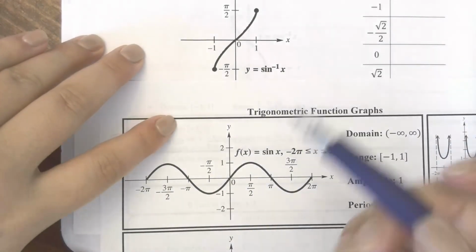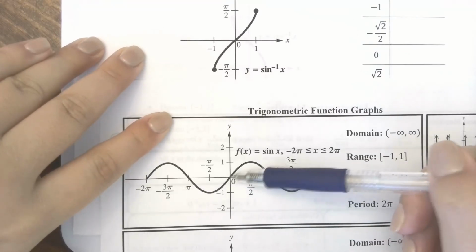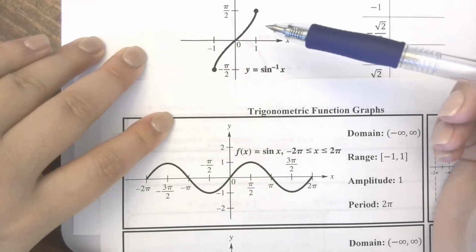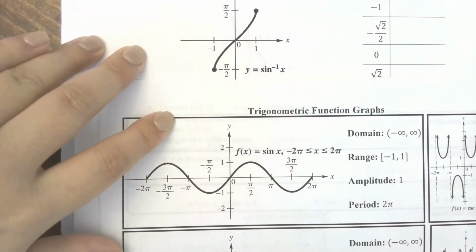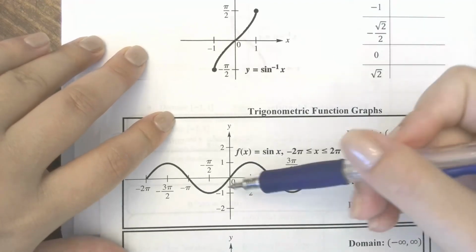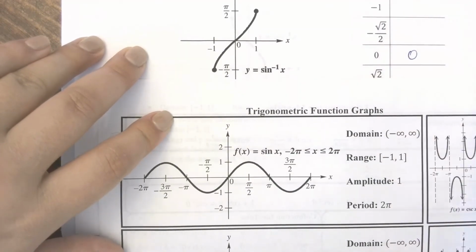So here, sine at 0 is 0, so that means here at 0, inverse sine is 0. Okay, so that's going to be the same because both values are 0.